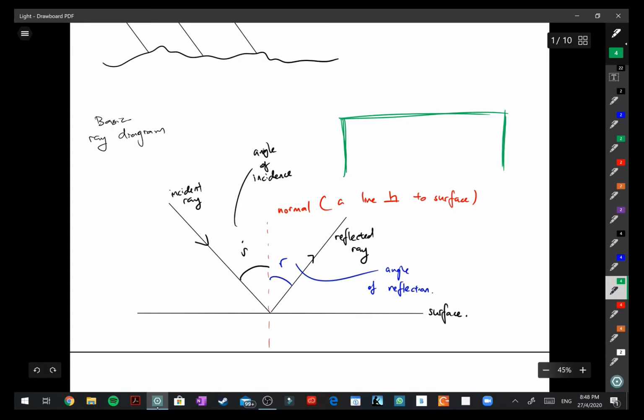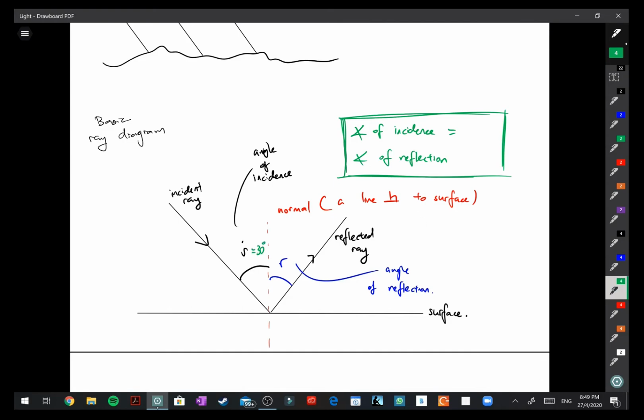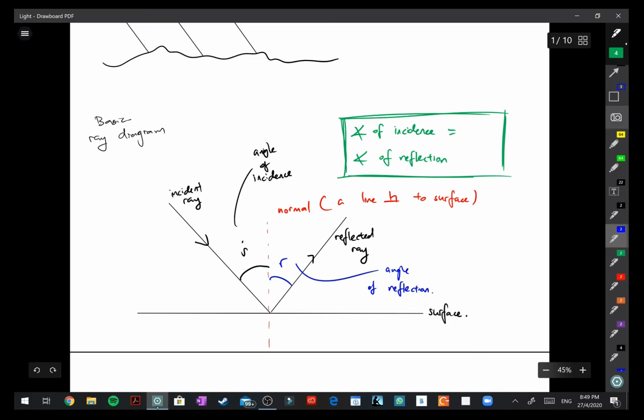Now there is a law that states that the angle of incidence is equal to the angle of reflection. So that if this angle is 30 degrees, this has to be 30 degrees as well. So that's what the law means when they say the angle of incidence is equal to the angle of reflection. Now there's another thing I want you all to take note of, the angle that I'm referring to.